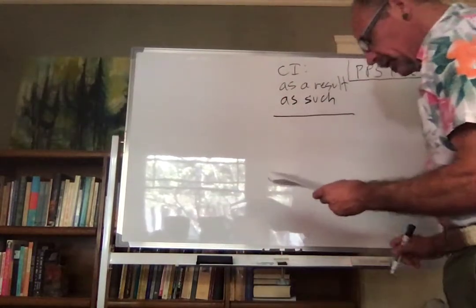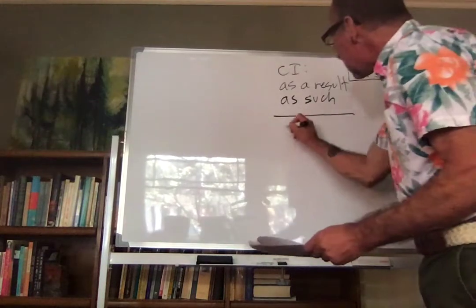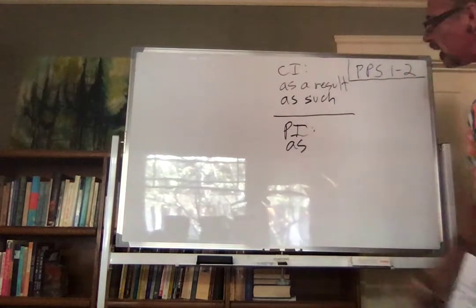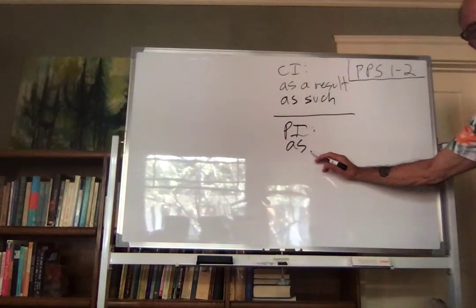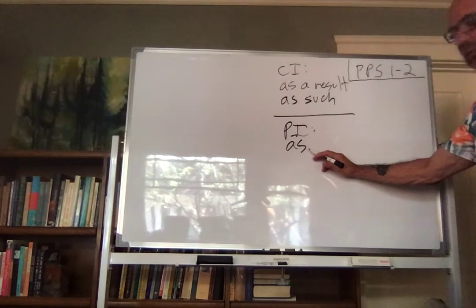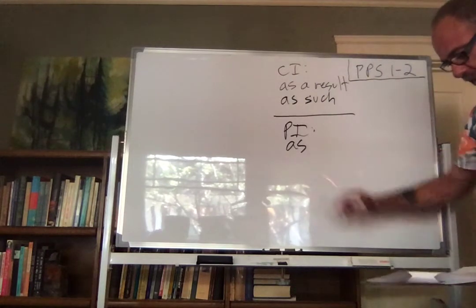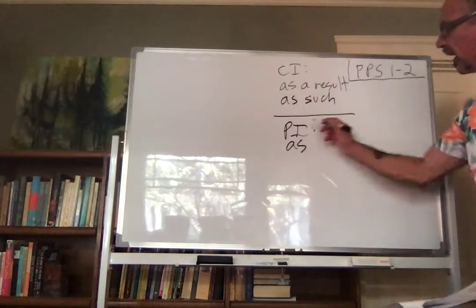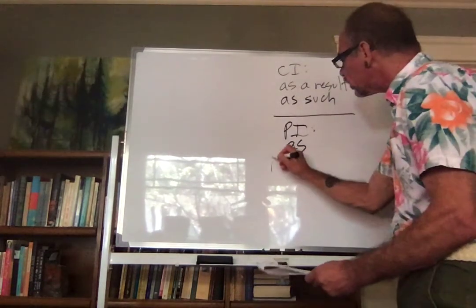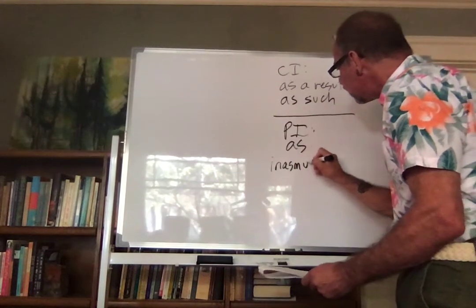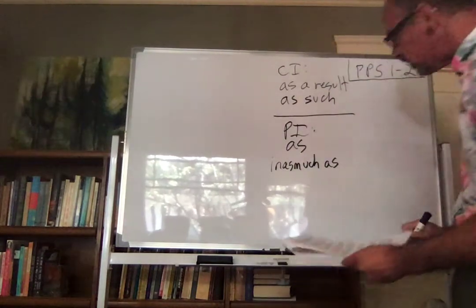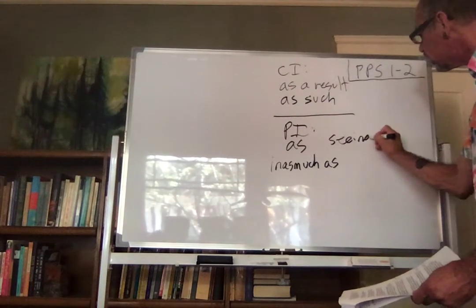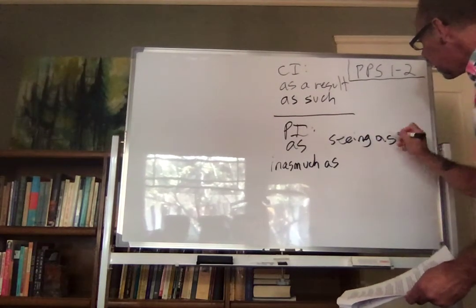But then in number 8, we had the word as used by itself rather than in a phrase. When as is used by itself rather than in a phrase, it introduces a premise. And there are a couple of phrases as well that include the word as and that are premise introducers. One is the phrase in as much as, and then another is the phrase seeing as.